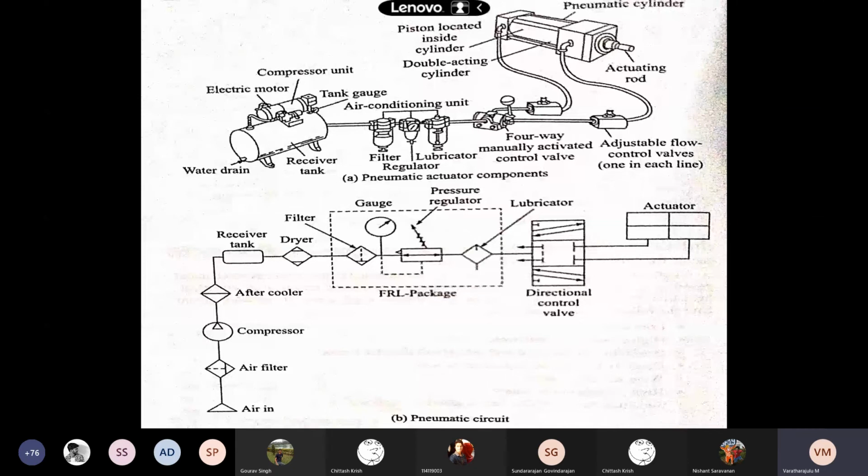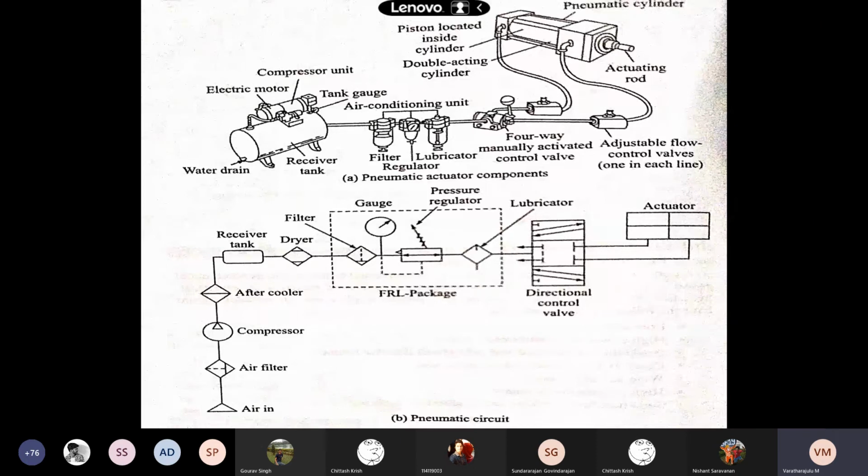And concerning the reservoir, see here we have the reservoir tank, with a very clear illustration. Unlike a hydraulic pump, which provides positive displacement of fluid at high pressure on demand, a compressor cannot provide a high volume of pressure in the air responsively.